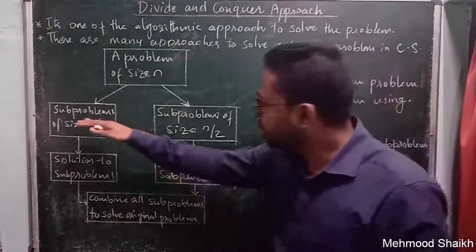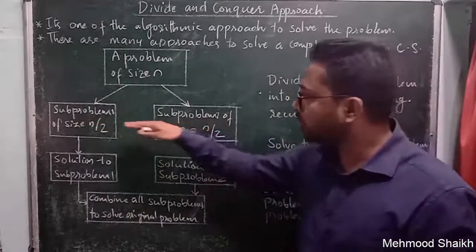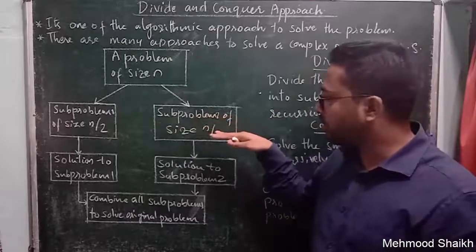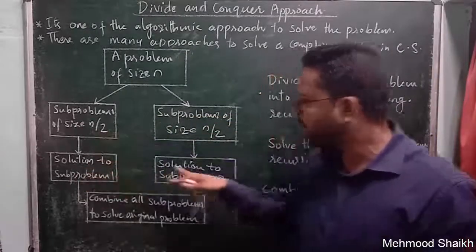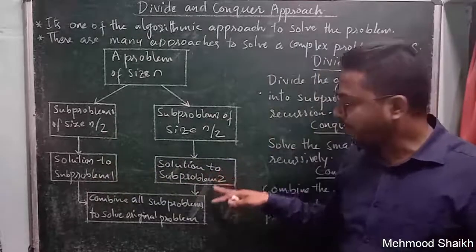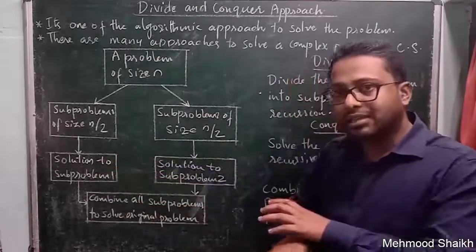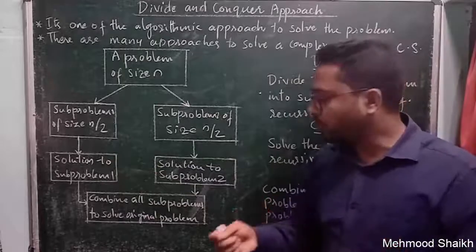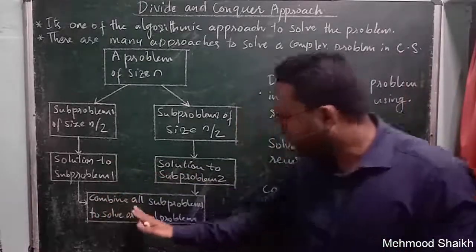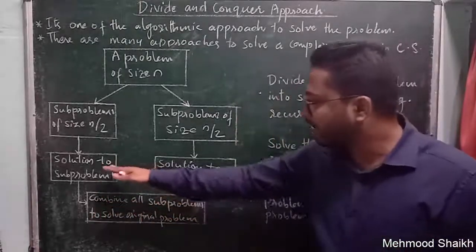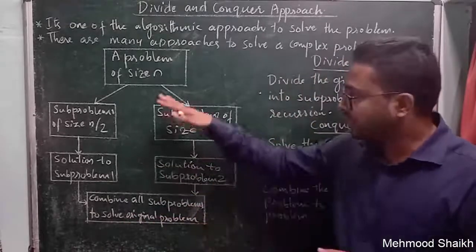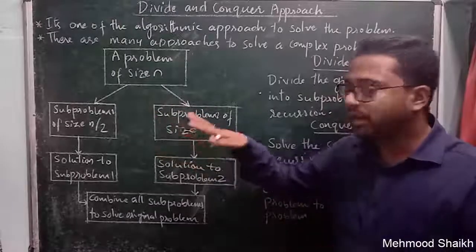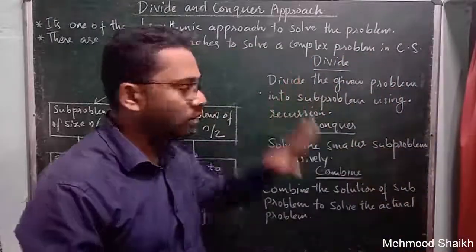Then you make the solution for each smaller subproblem, and finally combine the solutions of all the subproblems to solve the original problem. This is how we can graphically represent the concept of divide and conquer.